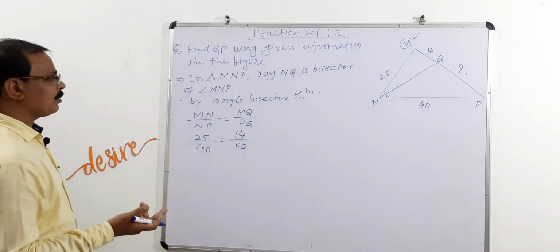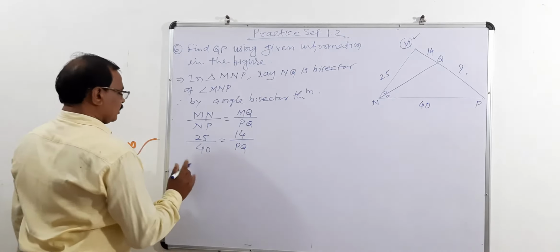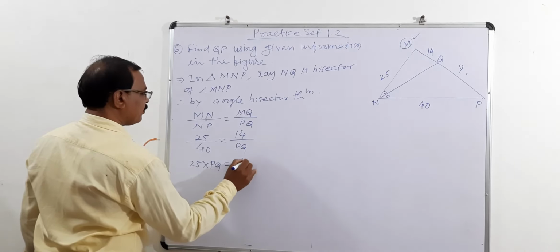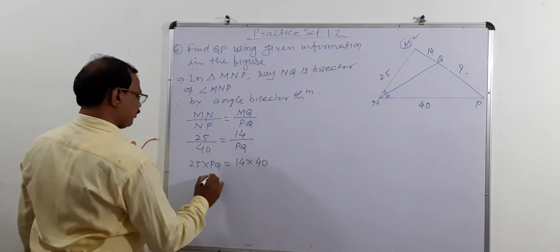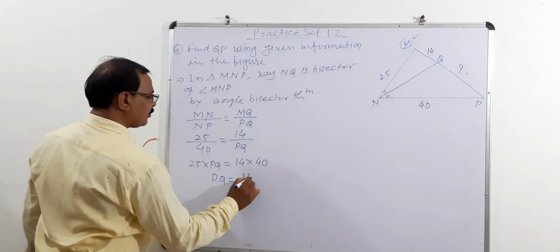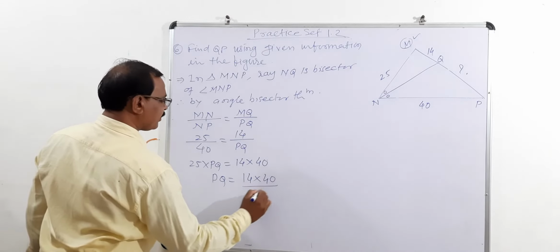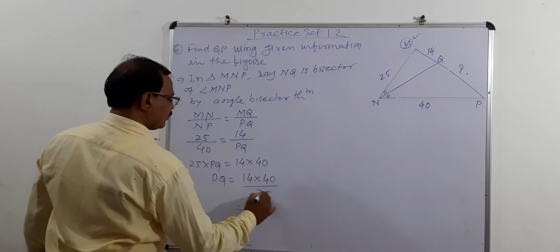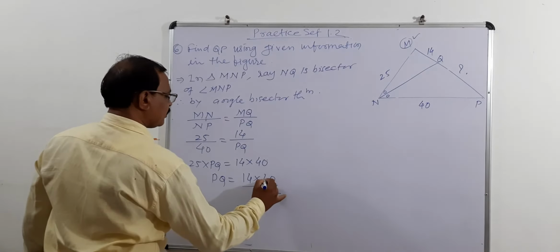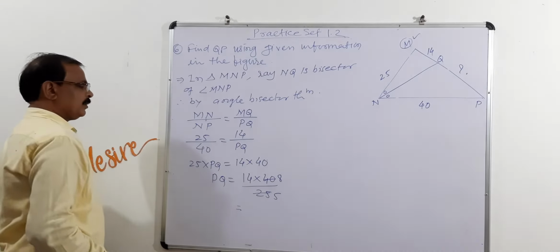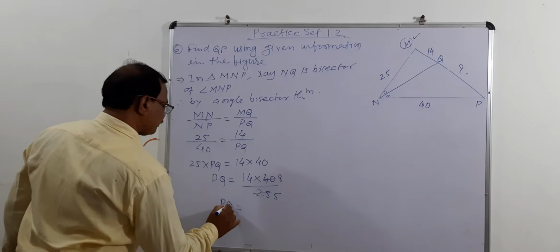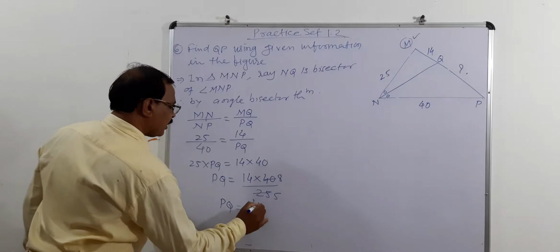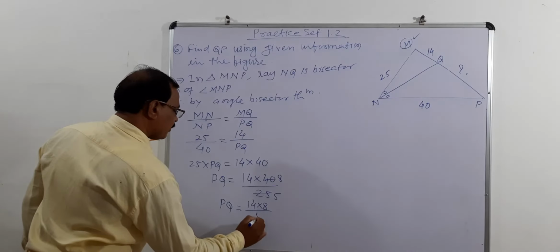Okay. PQ means QP. Just cross multiply, 25 into PQ is equal to 14 into 40. PQ is equal to 14 into 40 divided by 25. Just 5 5s are 25, 5 8s are 40. PQ is equal to 14 into 8 divided by 5.